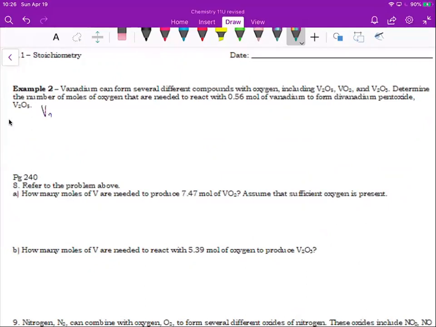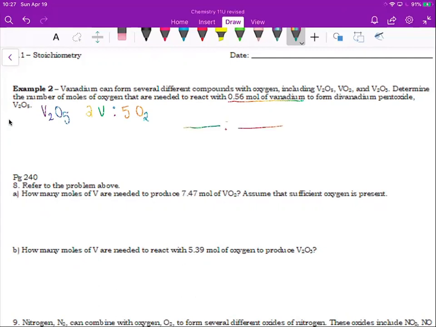So it's V2O5. So first, this is 2 vanadium for every 5 oxygen. And it's asking to find how many moles of oxygen are required to react with 0.56 moles of vanadium.